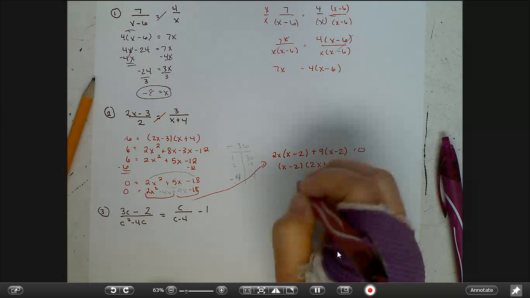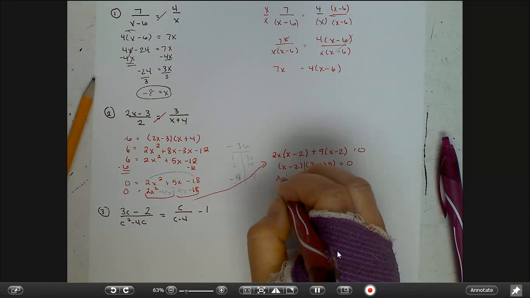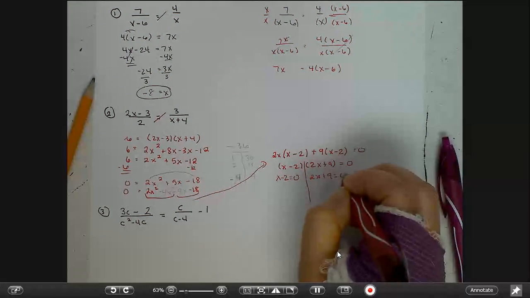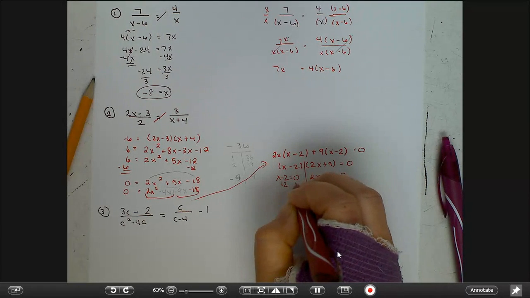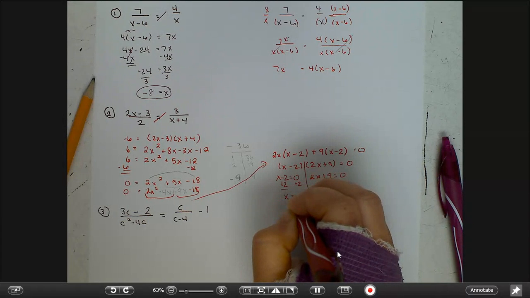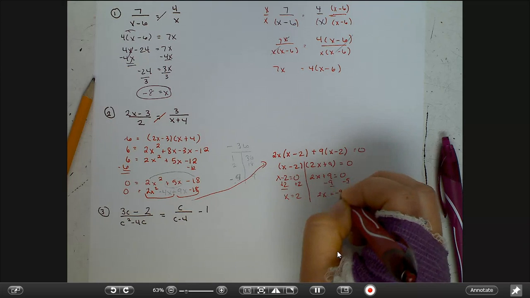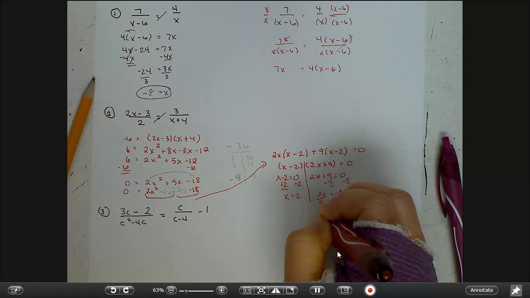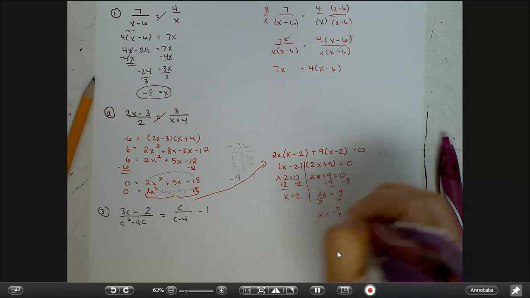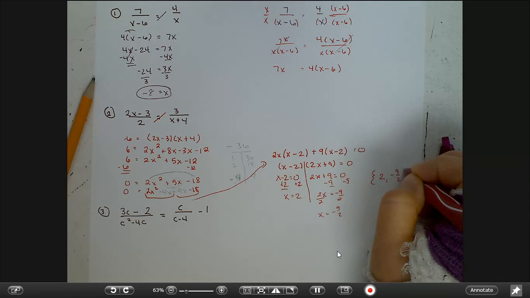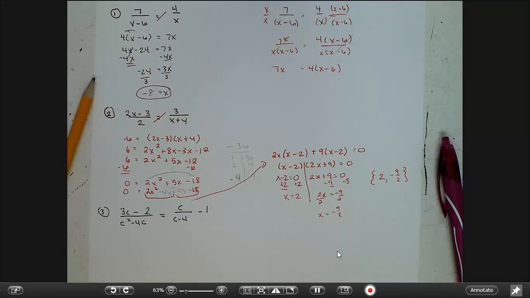And then we need to solve the mini equations. So x minus 2 equals 0 and 2x plus 9 equals 0. And divide by 2. So the solution set is 2 and negative 9 over 2, which probably should have been in the other order, but it's fine. So that's how you solve a rational equation.